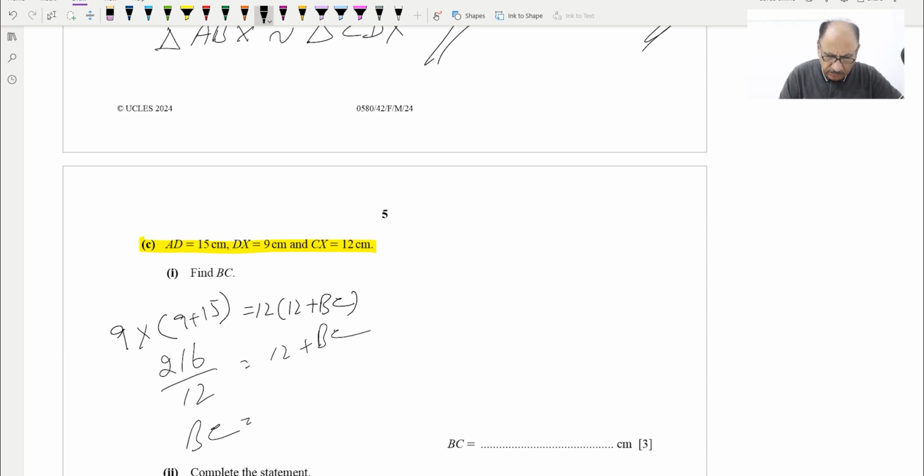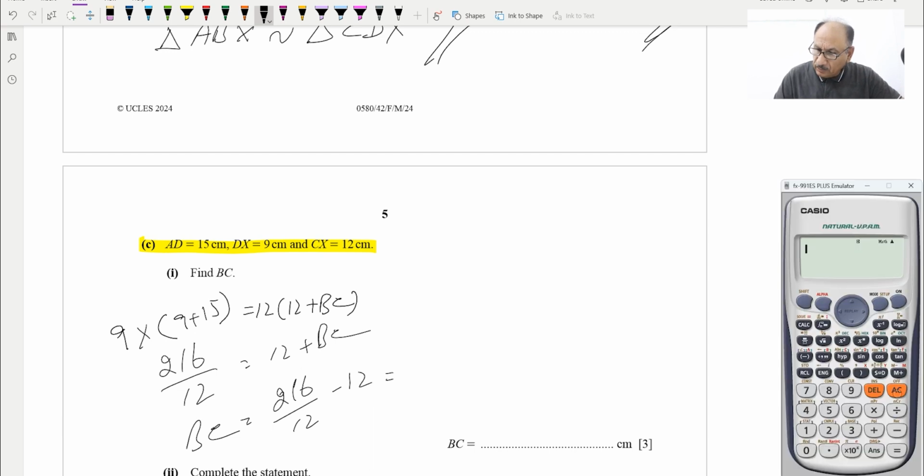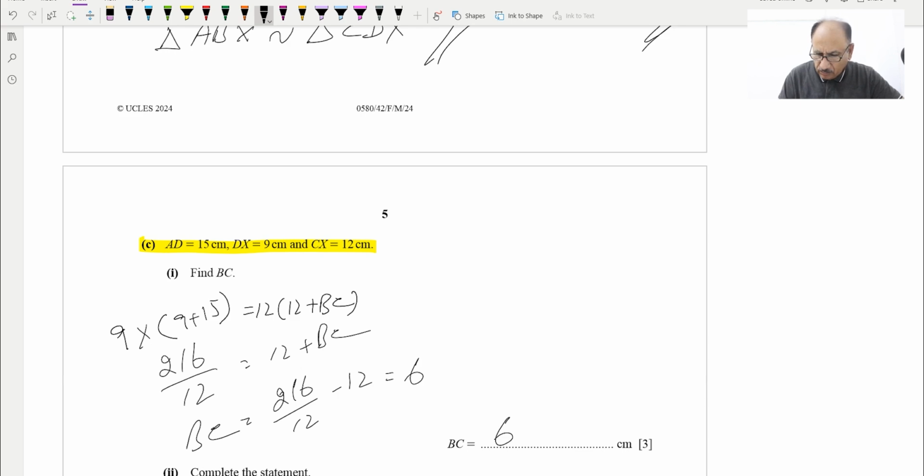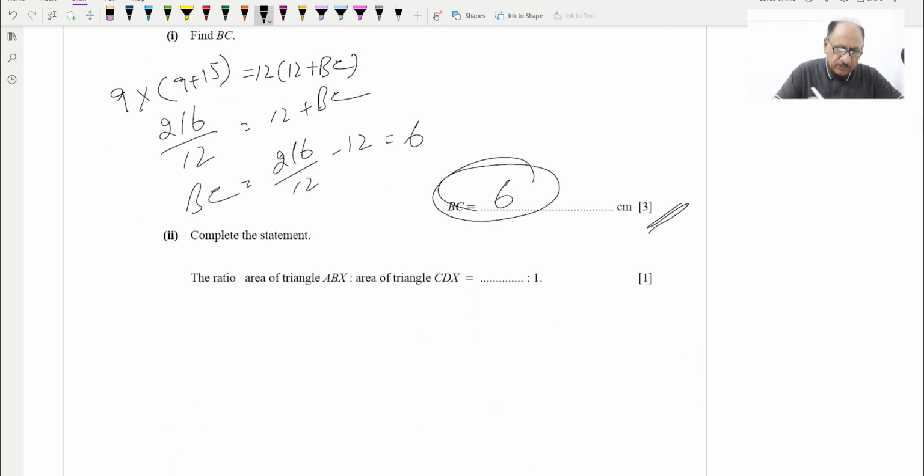So BC is equal to 216 over 12 minus 12, and this will be 216 over 12, and minus 12 will be resulting to 6. So BC is equal to 6 centimeters, and this is 3 marks for fully this.